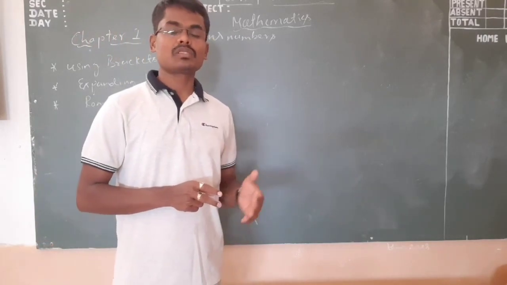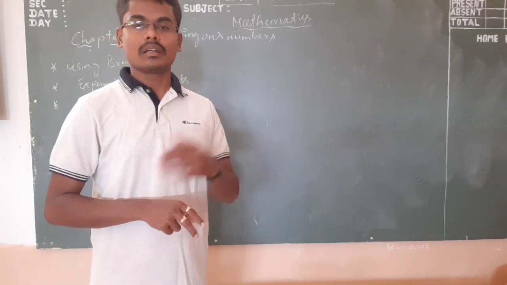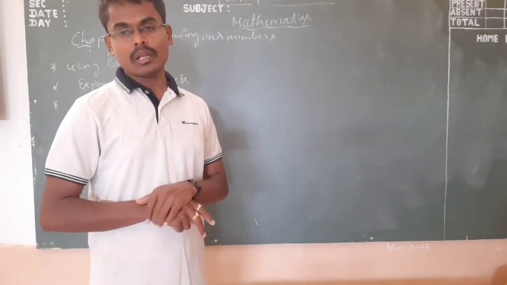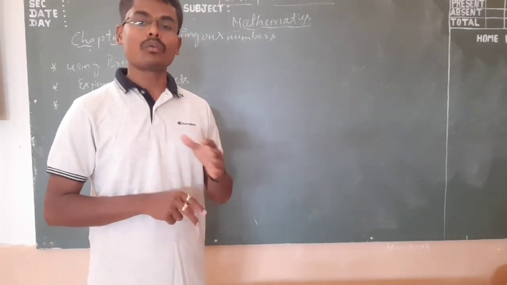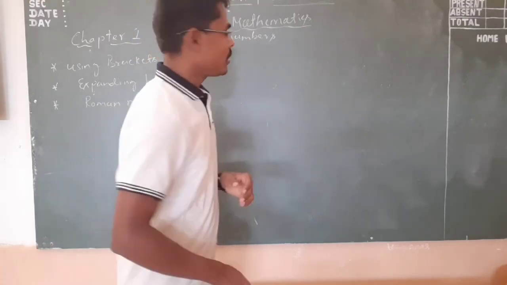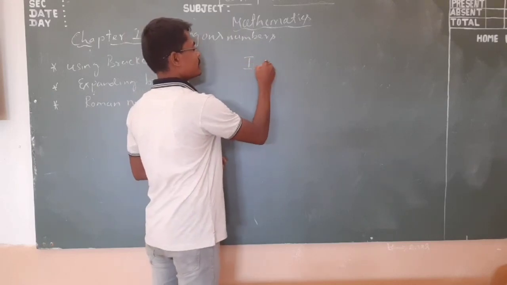In ancient times, we can see Indo-Arabic symbolic representations regarding mathematics. Here also is one more type of system, the Roman symbolic representations. In other words, we call them Roman numerals. How are we going to use the Roman numerals? Now I can write here the Roman numerals like this.